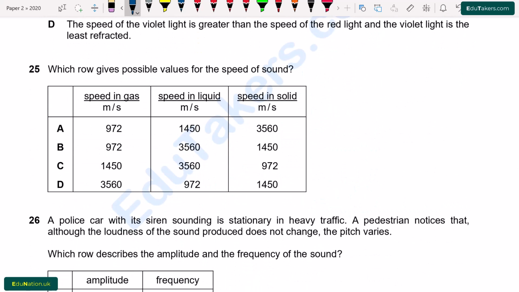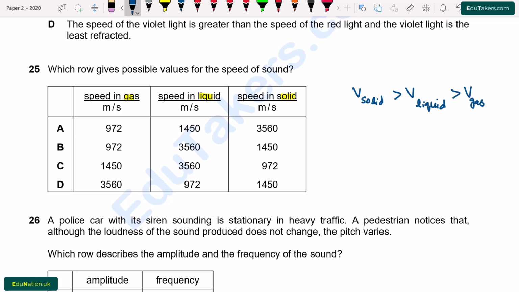Question number 25. Which row gives possible values for the speed of sound? Speed in the gas, speed in liquid and speed in solid. So the speed of sound in the solid is larger as compared to speed of sound in the liquid, and it is even greater as compared to speed of sound in gas.